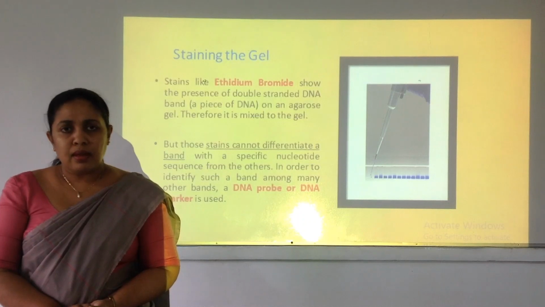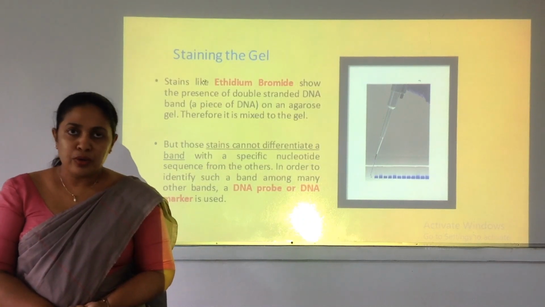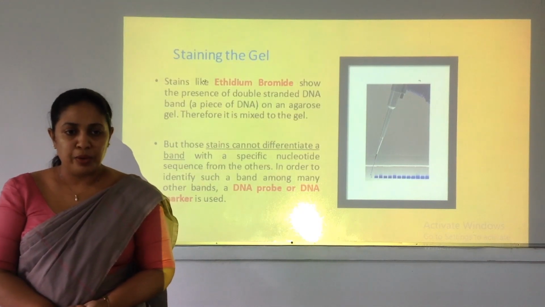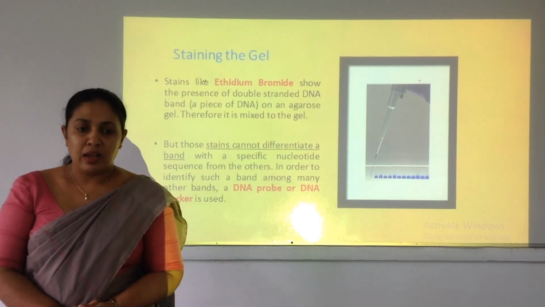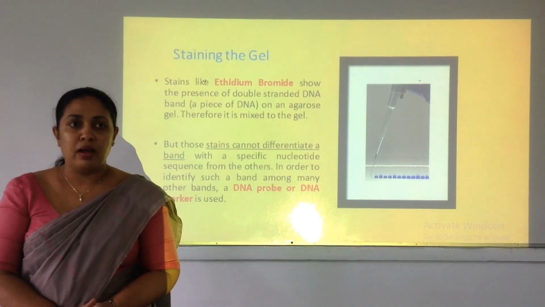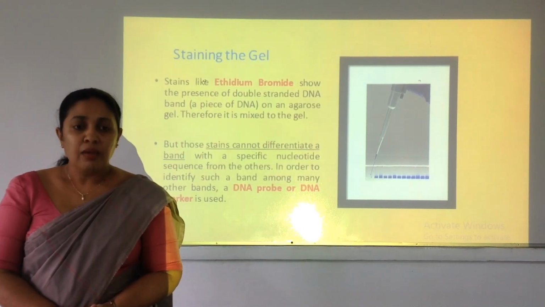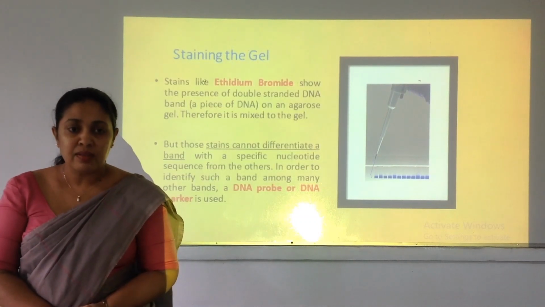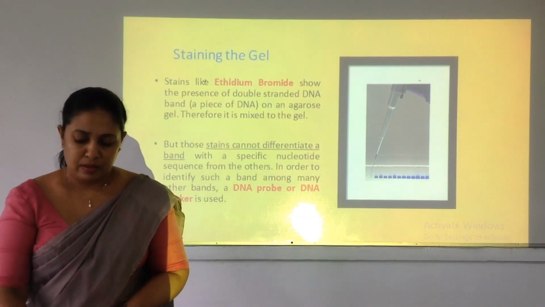So this stain cannot be used to differentiate the DNA. To differentiate the DNA, we have to run it with a marker ladder or a DNA probe. This is just to see whether DNA is present or not. So this is just a stain to visualize it.